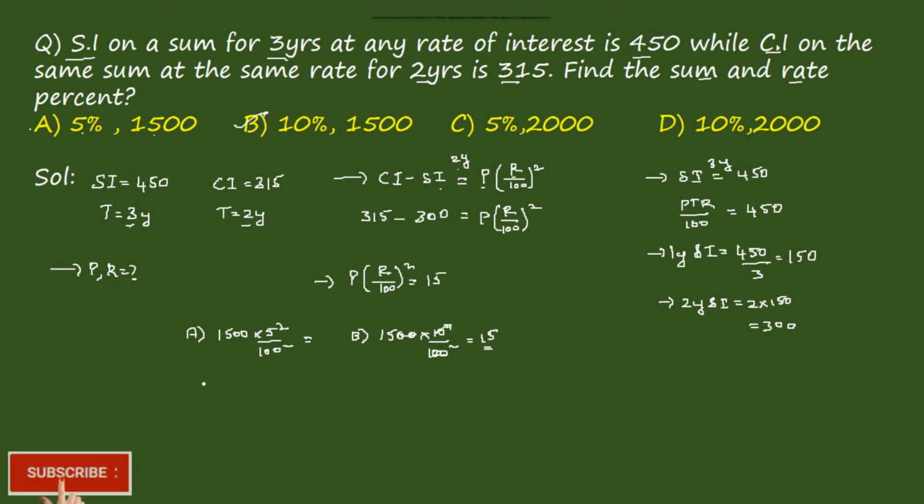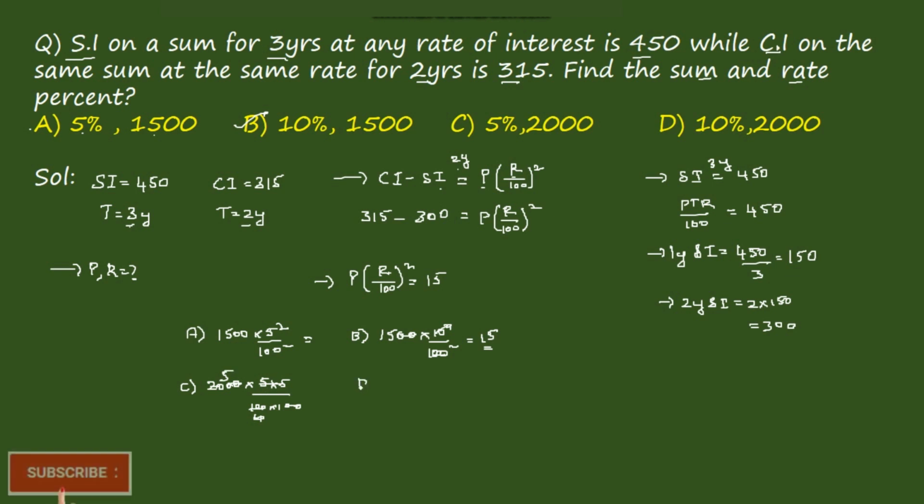So check with C and D also. With C, the principal is given as 2000 into 5 square. It becomes 5 into 5 by 100 into 100, right? So 5 times 5 is 25, it goes by 4, and these two zeros get cancelled and this becomes 5, right?